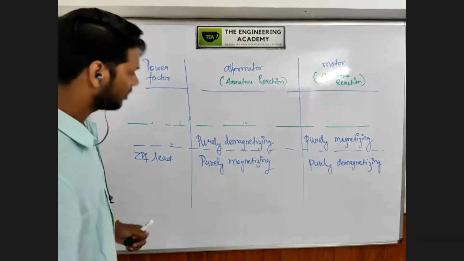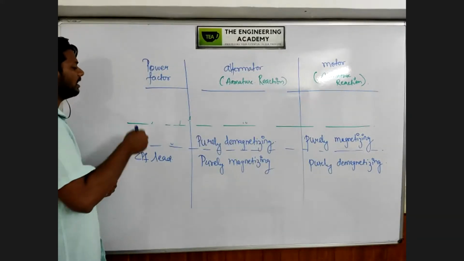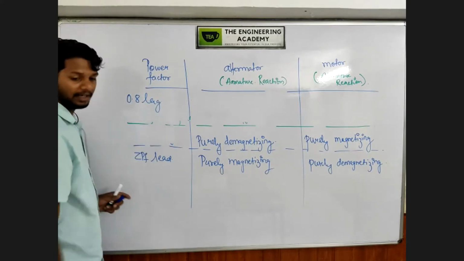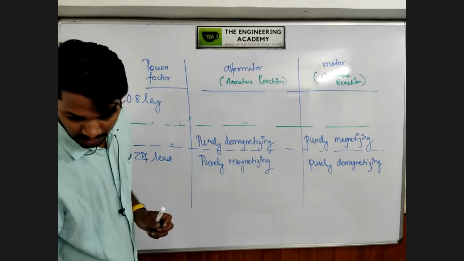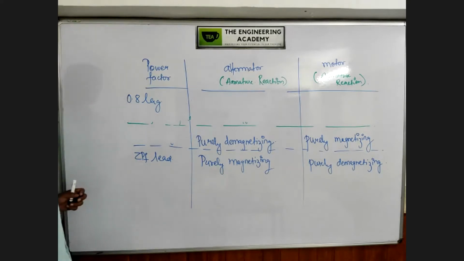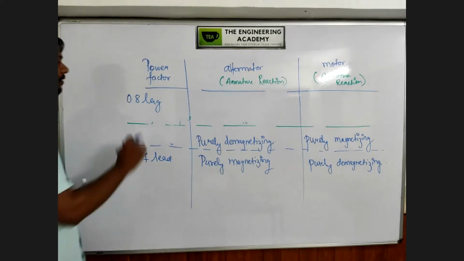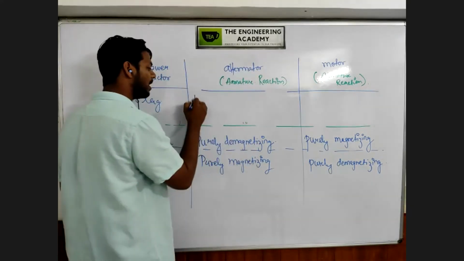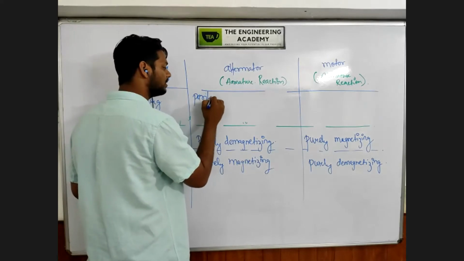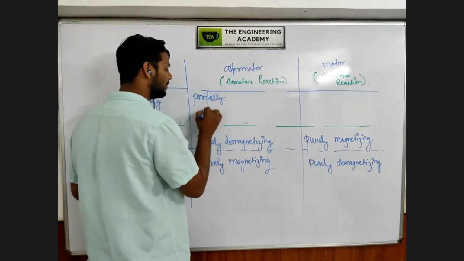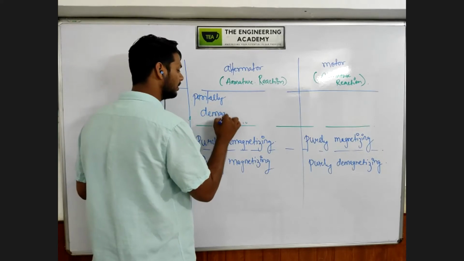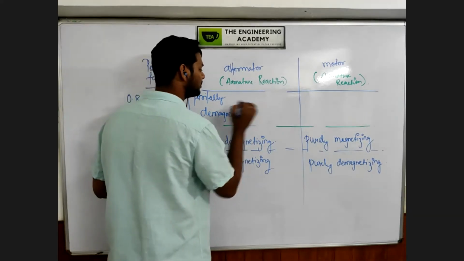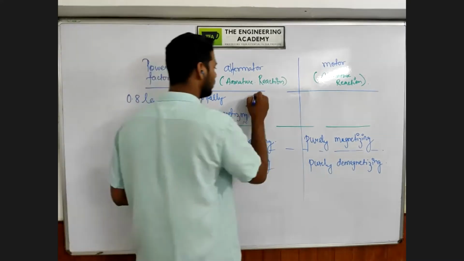Now listen: when the power factor is 0.8 lagging, the armature reaction in the alternator is partially demagnetizing plus partially cross magnetizing.